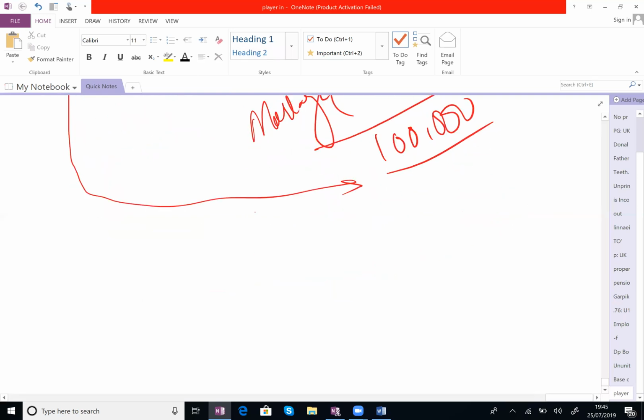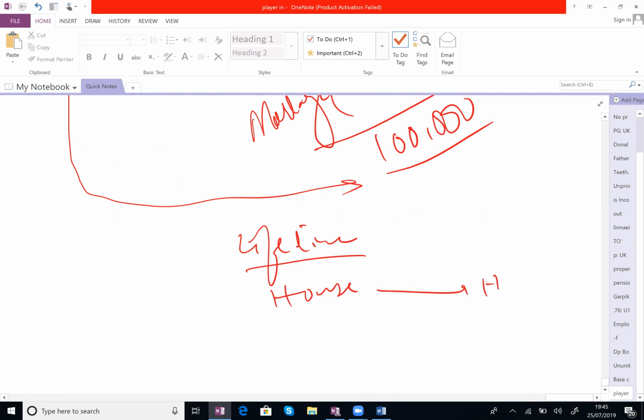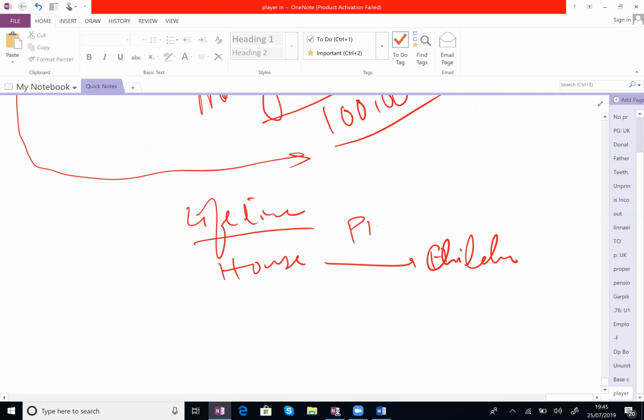So, for example, in your lifetime you are giving the house to your children or grandchildren. This gift is called a PET, a lifetime gift. If this person dies within 7 years of this gift, this PET becomes chargeable at the time of death, right?